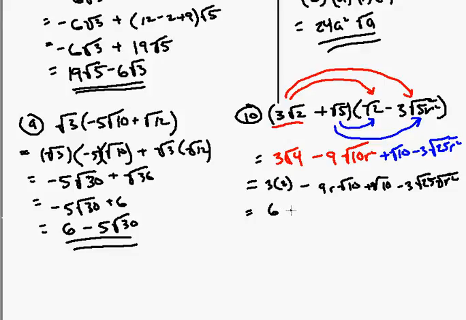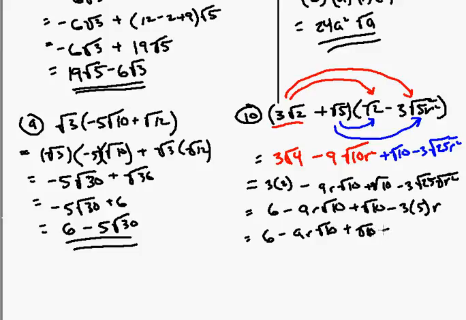This is 6 minus 9r square root of 10 plus square root of 10 minus 3 times 5 times r. So I have 6 minus 9r square root of 10 plus square root of 10 minus 15r. Final answer.